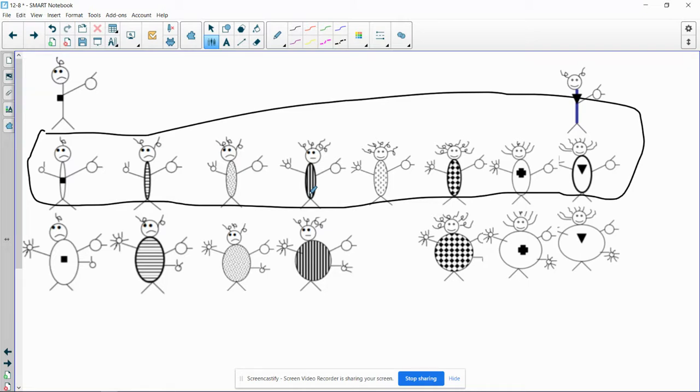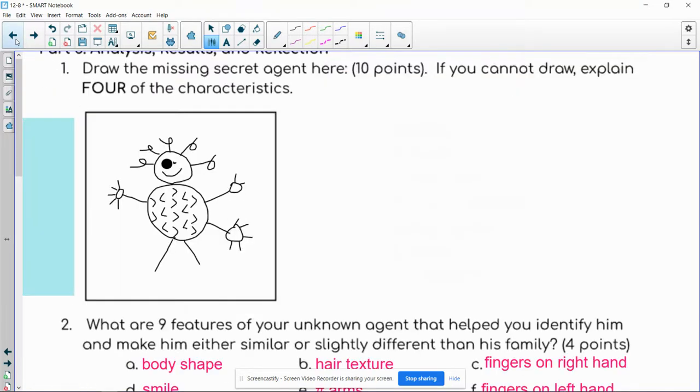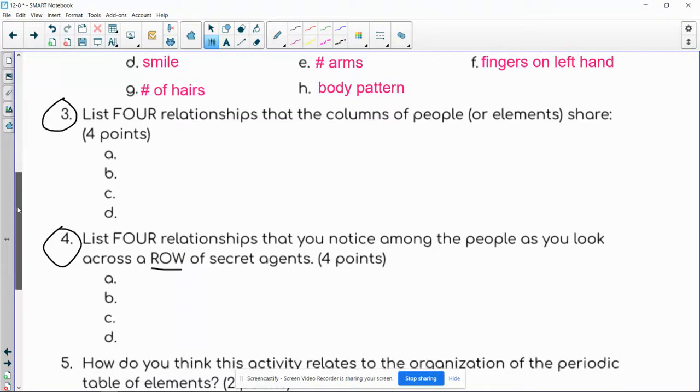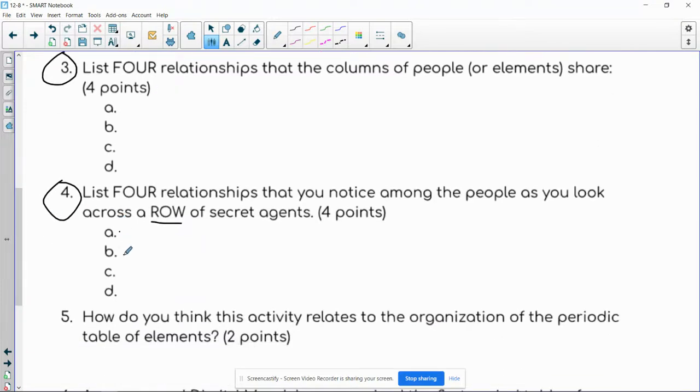They have the same number of arms. A pattern would be that they increase the number of hairs as they go left to right. They increase the number of fingers on the right hand as they go left to right. So that would be 4 different relationships you could put here.